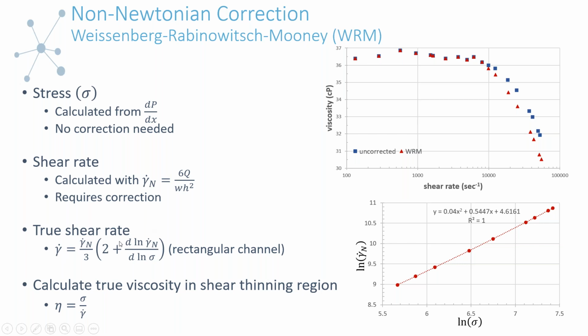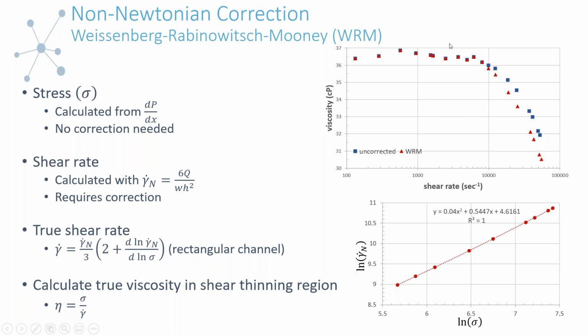So we need to get from our data this quantity here: the derivative of log of the shear rate versus the derivative of log of the stress. You can find a derivation for this particular correction in a number of rheology textbooks. I didn't want to go through it, but if you're interested in the math and want to see where it comes from, that's documented elsewhere. But here is an example of some data where we're doing the correction.